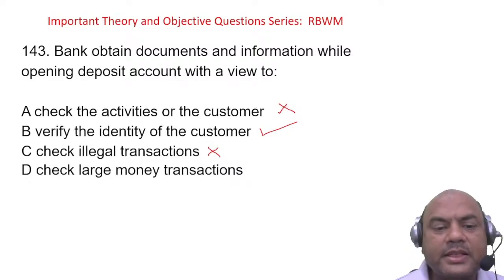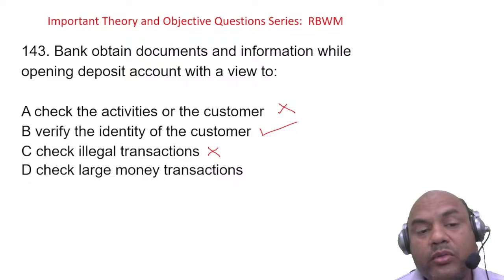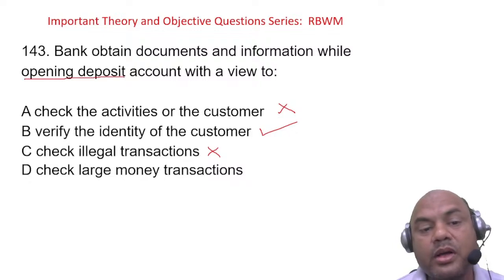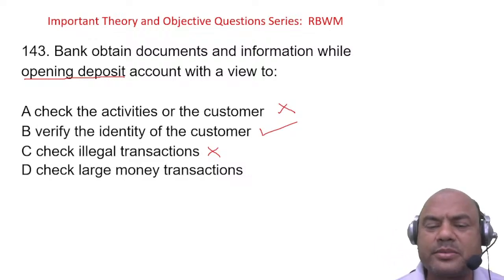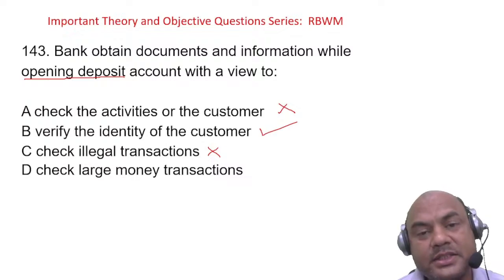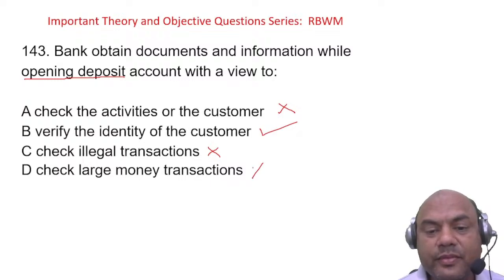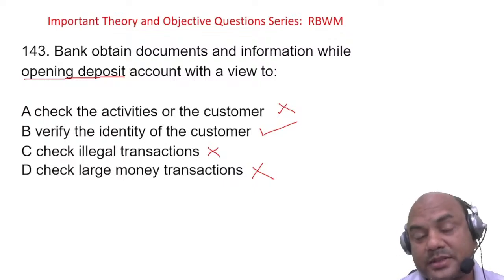Okay. Check large money transactions. That is also not possible. We are talking of opening the account, not of having the account. New account. At the time of a new account, you won't be knowing how many transactions this customer will be doing, whatever the large currency amounts. So the answer is verify the identity of the customer. That is the right answer.